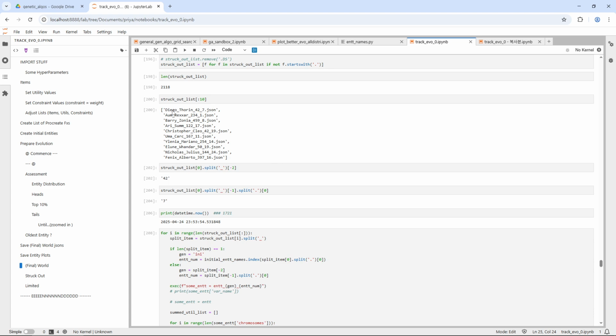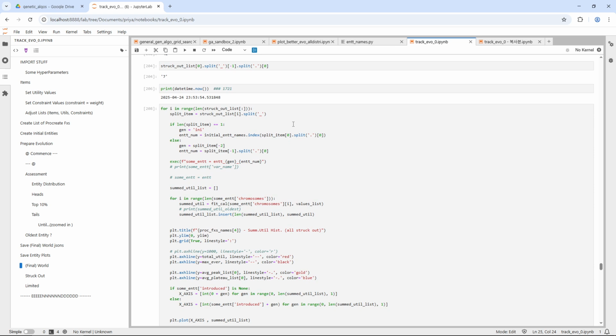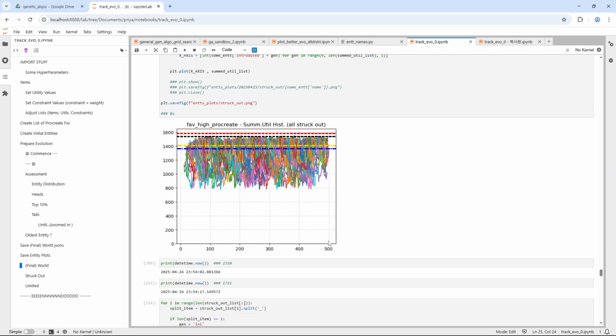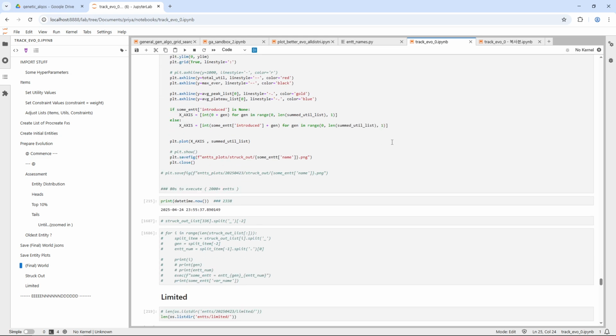I just need to know what they're called in a loop systematically, and then save them, plot them all together, and then also separately, and then save them.